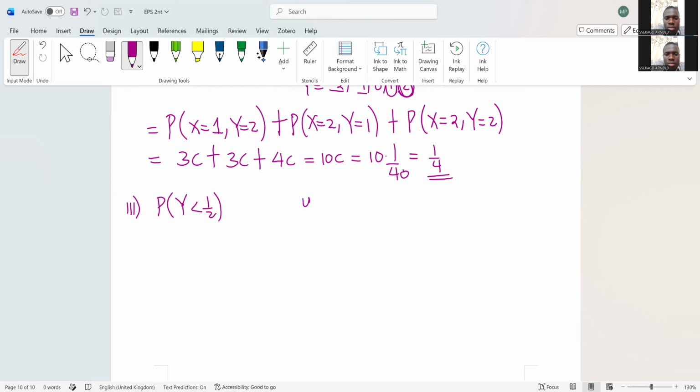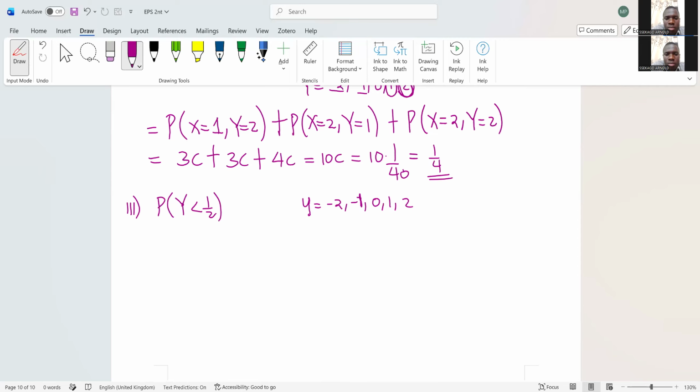So what is Y? Observe that the values of Y were -2, -1, 0, 1, 2. Those were the values of Y. And now I'm interested in Y less than a half.